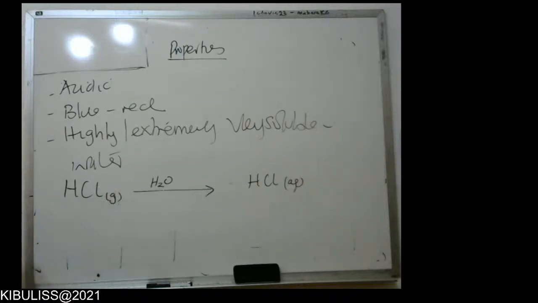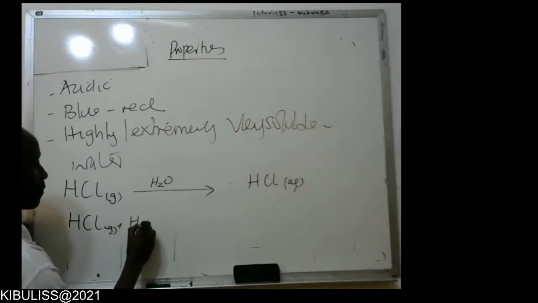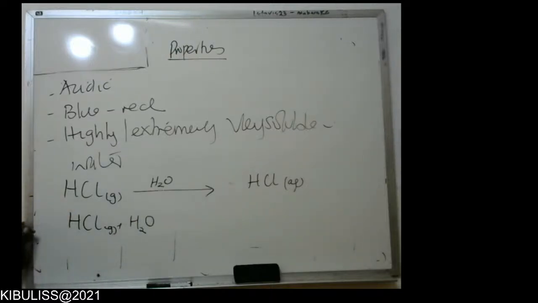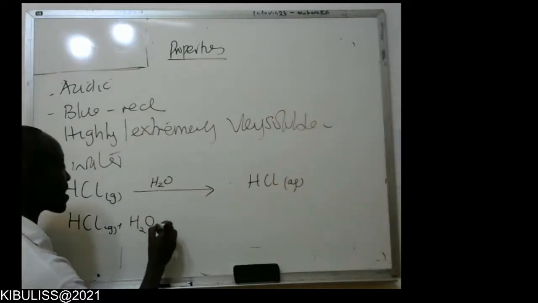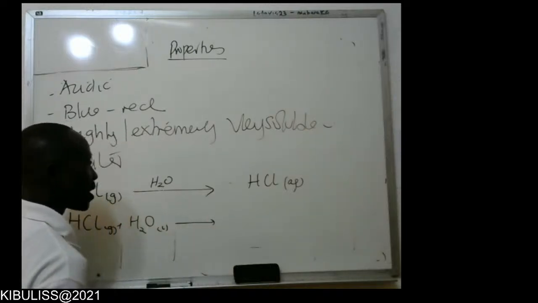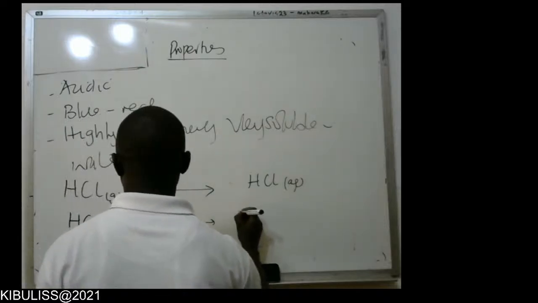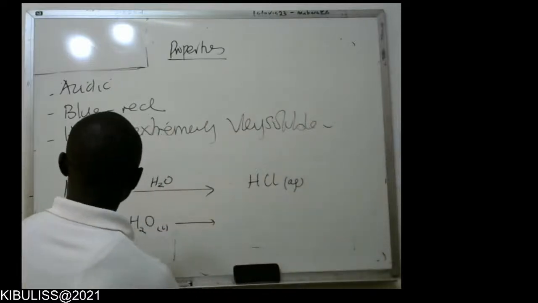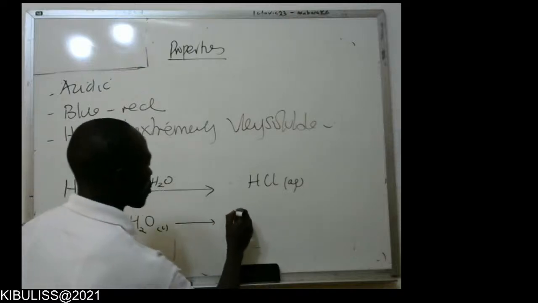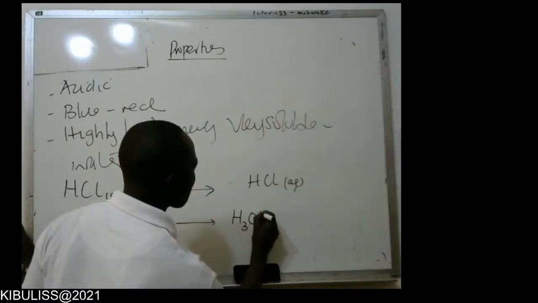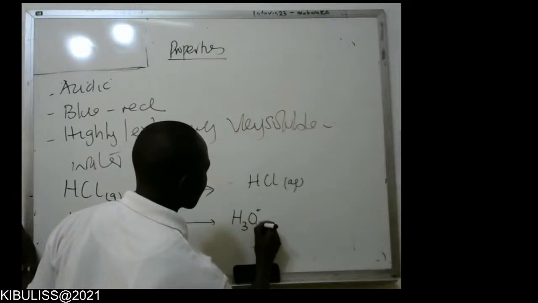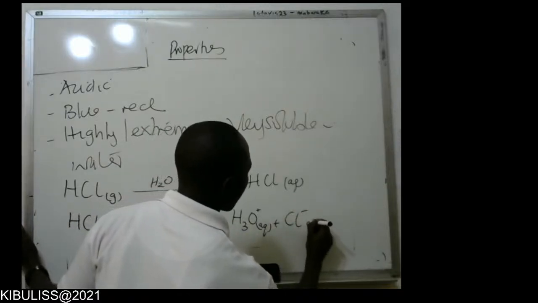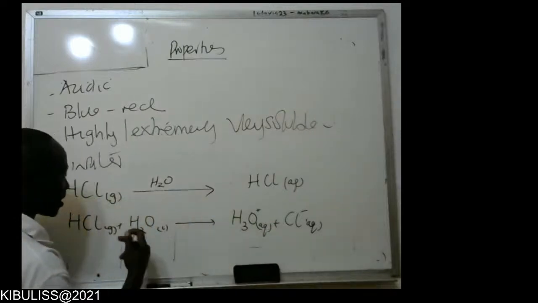However, if you want to add water, the equation becomes hydrogen chloride, a gas, plus water. The equation changes into something else. This is a liquid. So what does it give us? This one plus this one is going to give us H3O+ aqueous plus chloride ions, aqueous. Here water has been taken in.